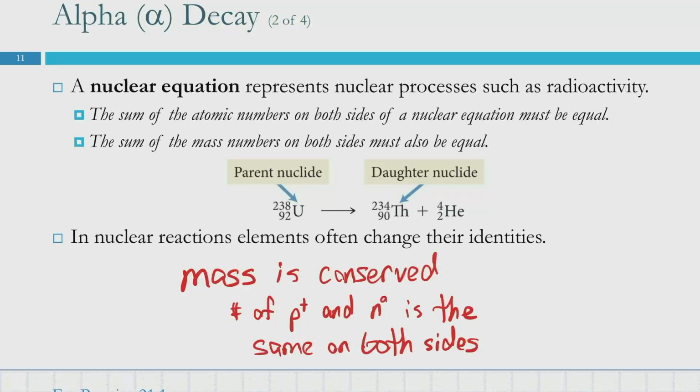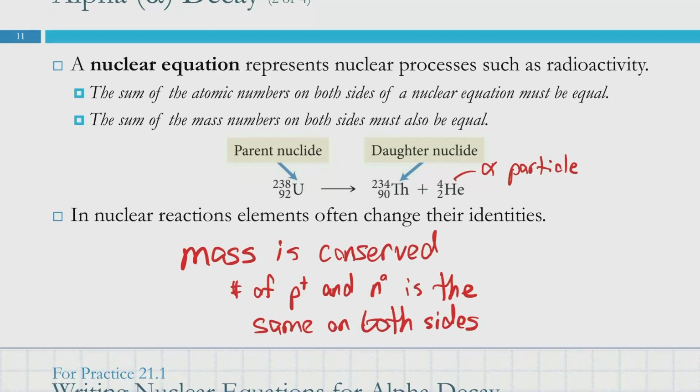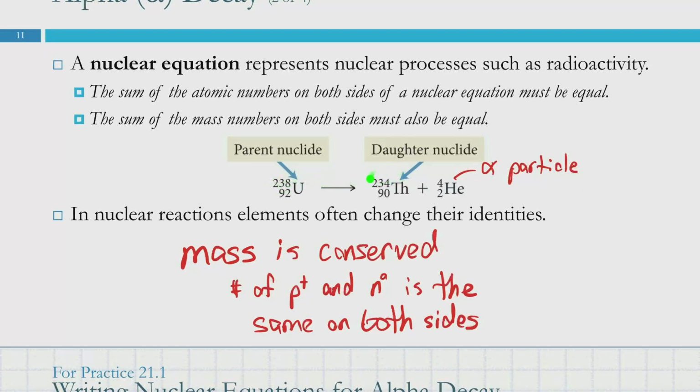And in our nuclear equations, for most of them, we've got a parent nuclide that's on the left side, and then it decays to form a daughter nuclide, and then whatever the particle is for the type of decay. So this is alpha decay. So it emits an alpha particle. I'm having so much trouble doing the alpha thing. Looks like a fish. And if you add up the top number, it'll be the same on the left side and the right side. If you add up the bottom number, it'll be the same on the left side and the right side.